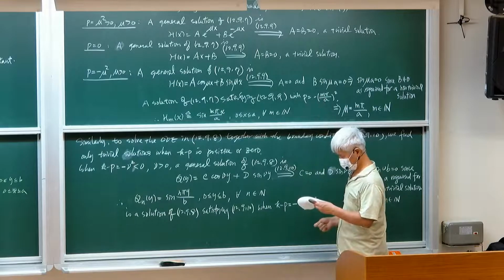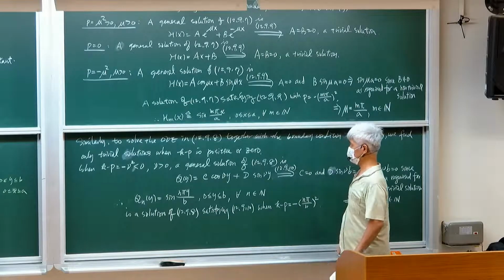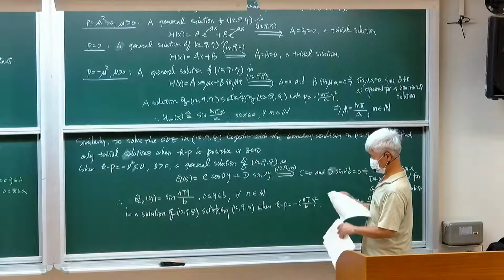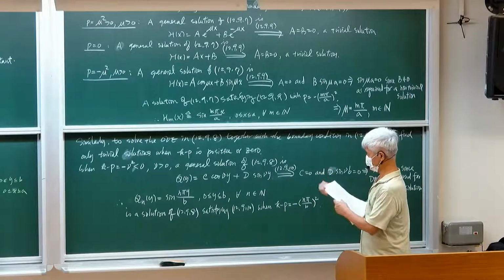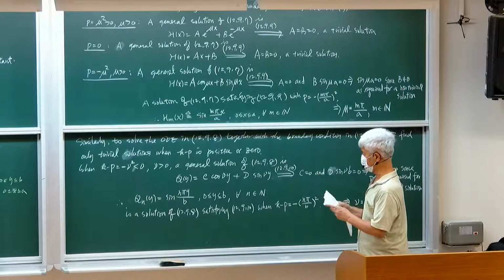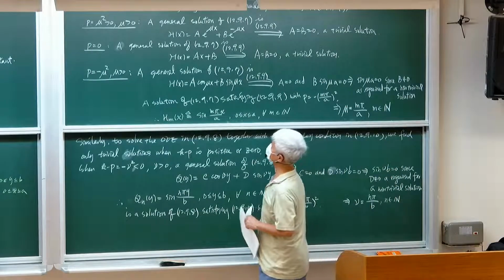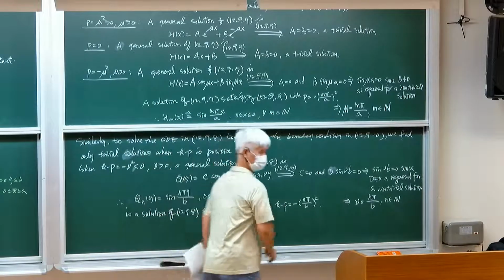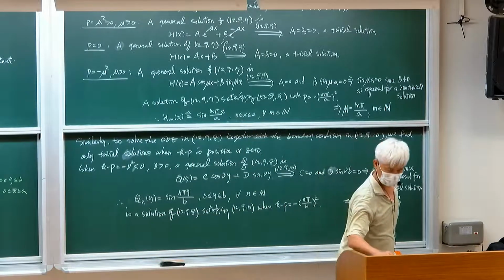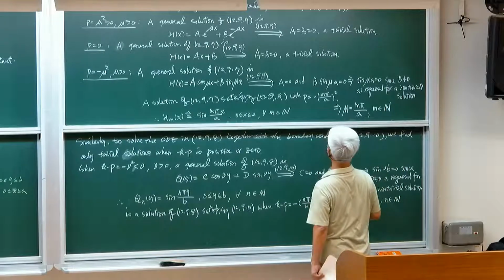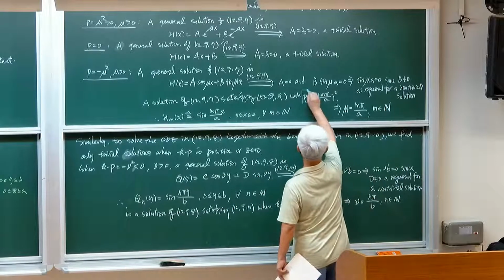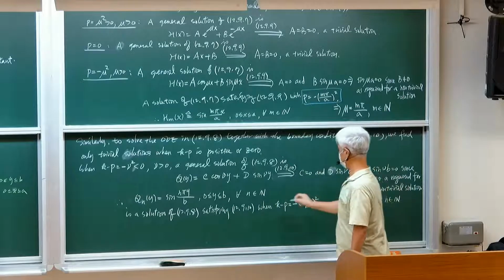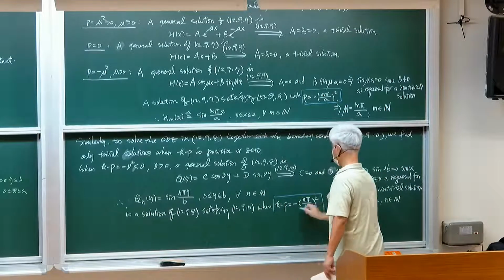So all these are our solutions. Now we have p, which should be this number, and k minus p is this number.